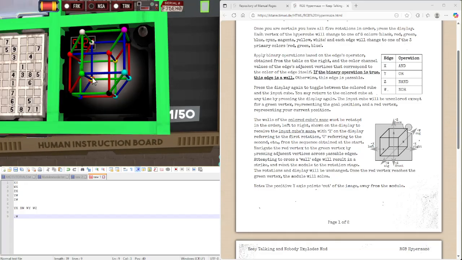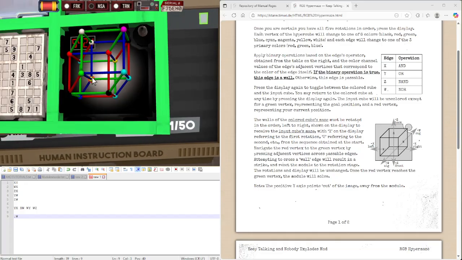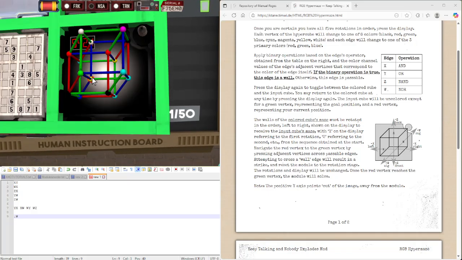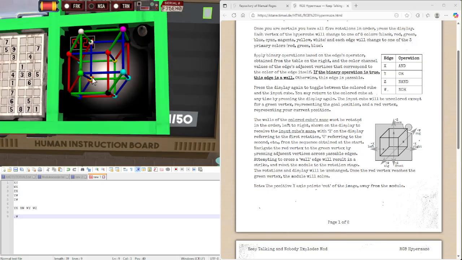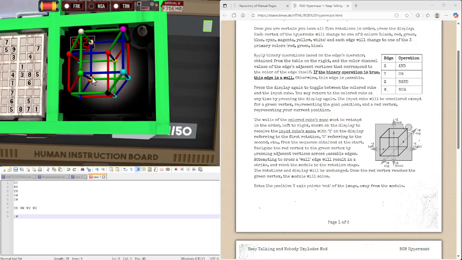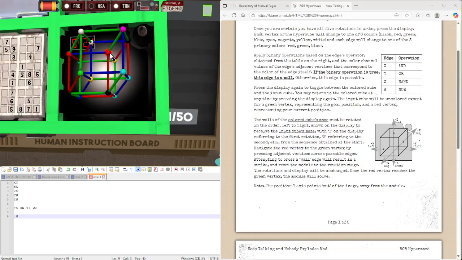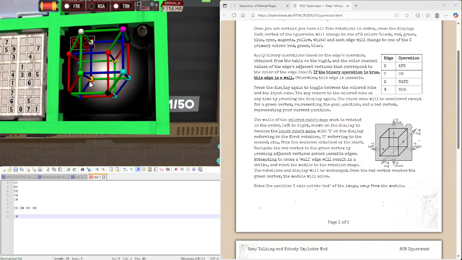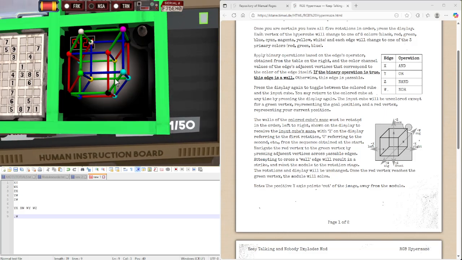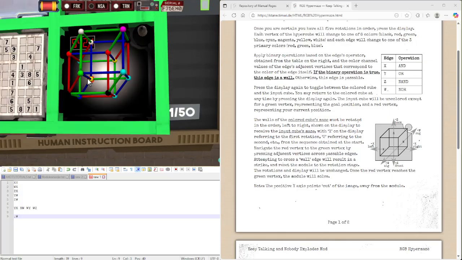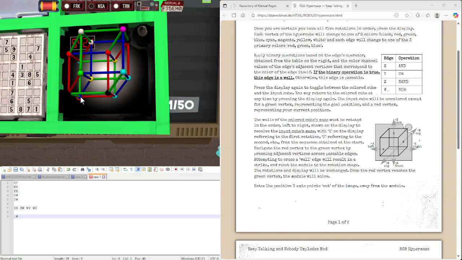XW, XW is going to be X, W. This one goes to here.